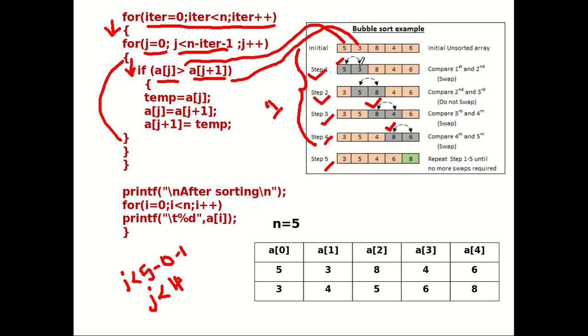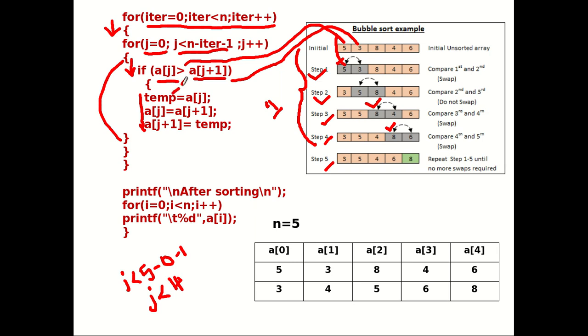These two numbers will be compared. Here a of j, the first number, is greater than the second number. Then a swap will take place. We will store a of j into temp.